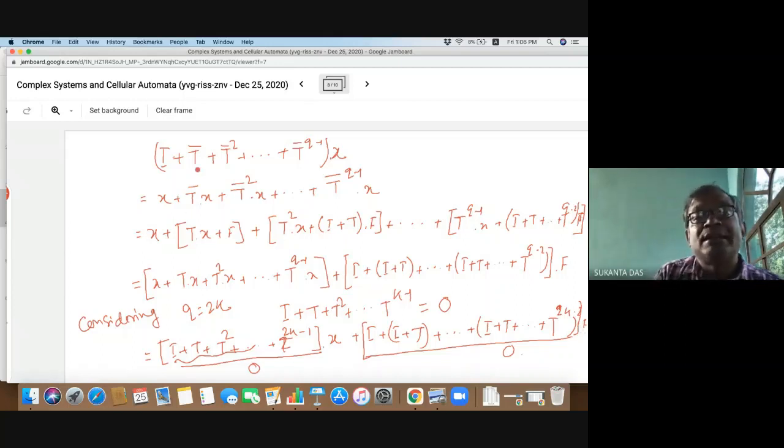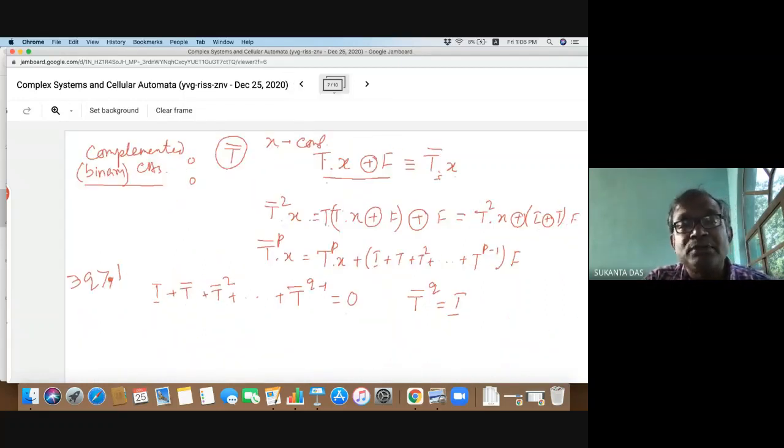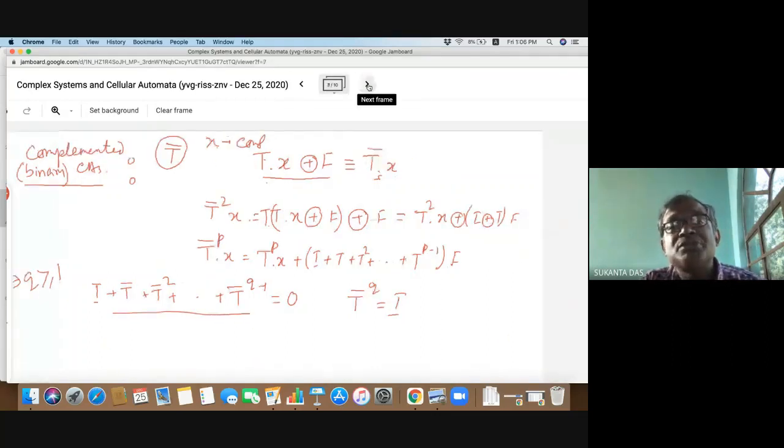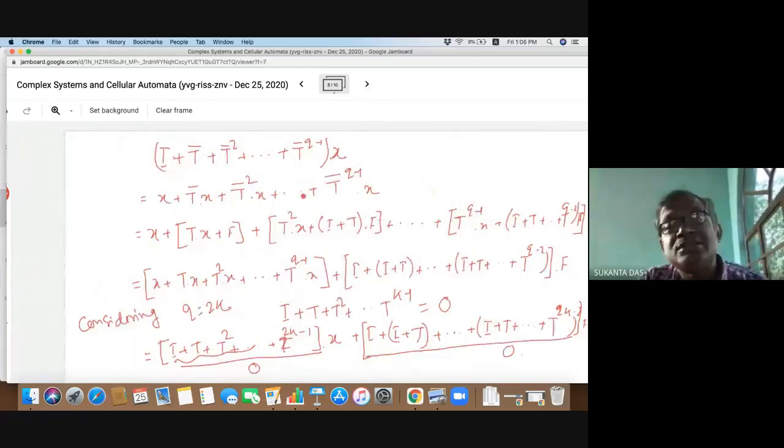So therefore what I get is that there exists a Q. What am I supposed to prove here? I have to prove that there exists a Q such that this is 0. So I have shown here that there exists a Q for which this is equal to 0.